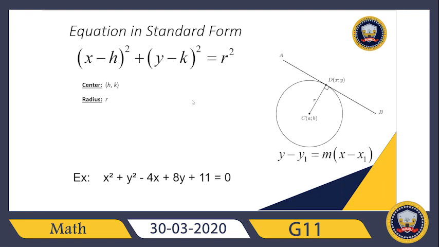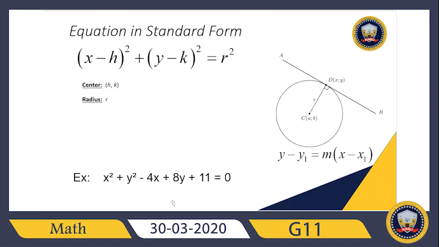But normally in SAT questions we don't have this standard form, so we have to find it, because you cannot find the radius and the center of the circle unless you have the standard form. The question could be like, if you have this equation representing a circle, find the radius and the center.